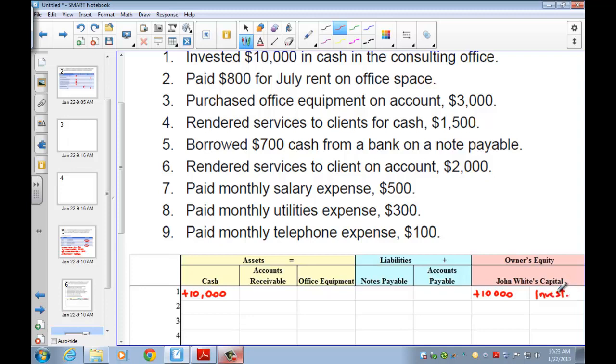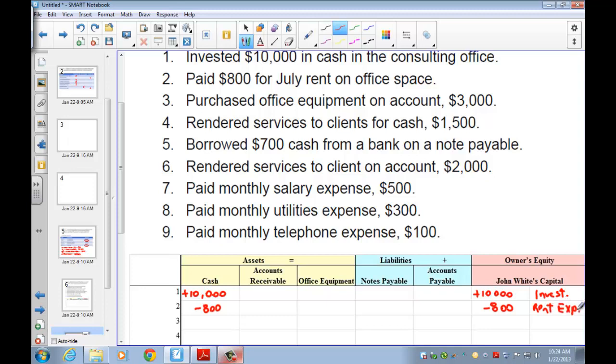The second transaction is he paid $800 for July rent on office space. So rent expense will decrease cash by $800 and it will also decrease owner's equity by $800. And this is rent expense.